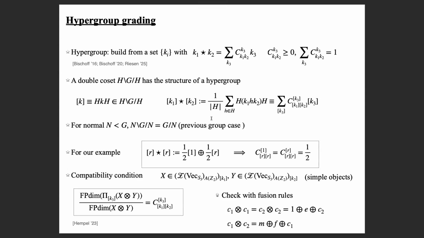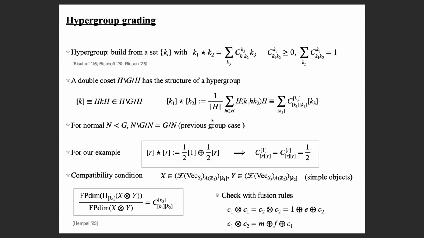So what is this hypergroup thing I'm talking about? This is built from a set K_i, where you have a fusion structure of this type, K1 times K2 is a sum of K3 with coefficients that are real numbers greater than or equal to 0 and which sum to 1. So it's some sort of probabilistic version of a fusion ring.